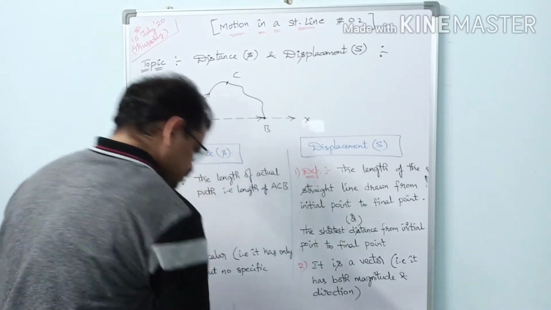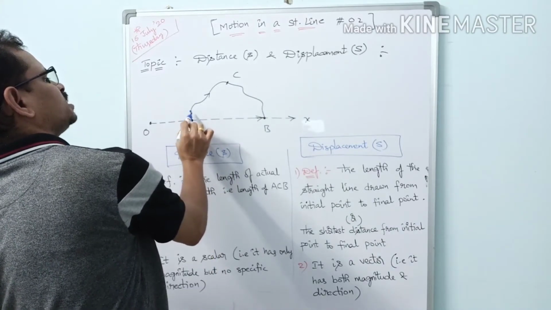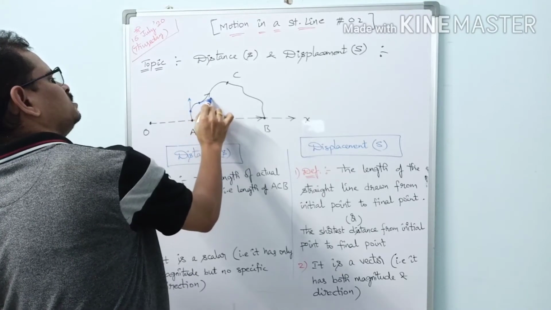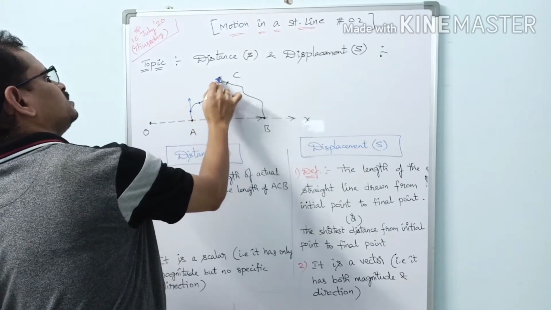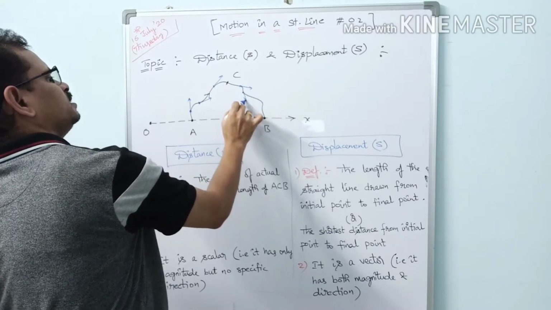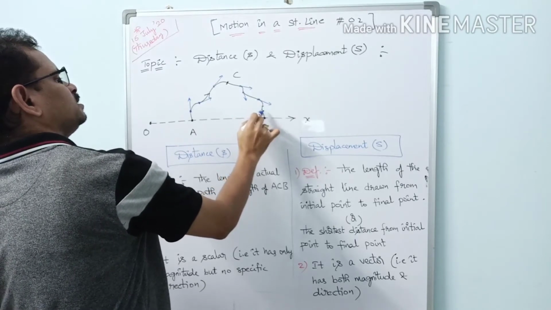See, at this point, in which direction is the particle moving? At this position, in this direction. At this position, in this direction. Here, in this direction, and here again in this direction.